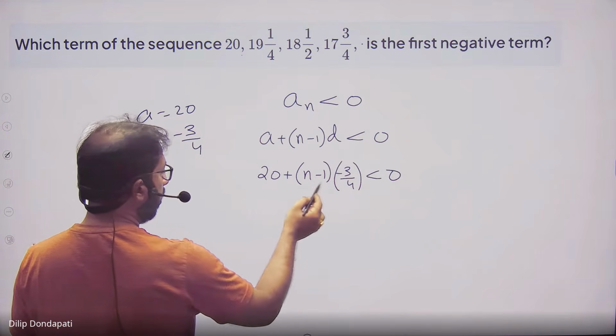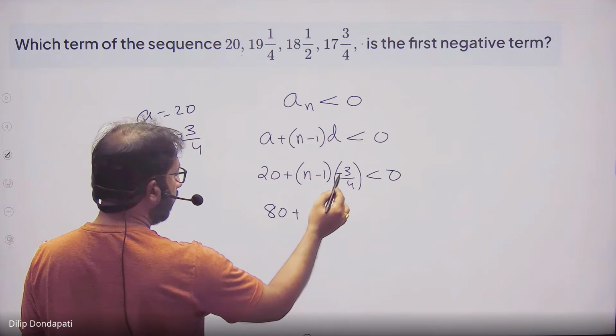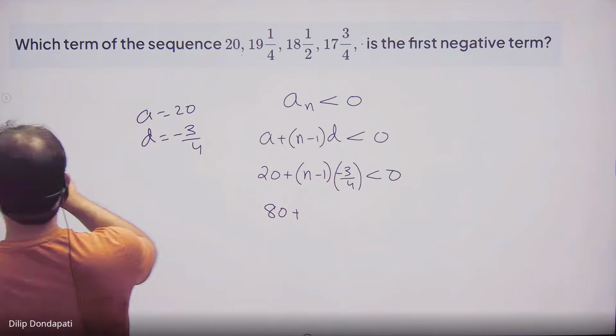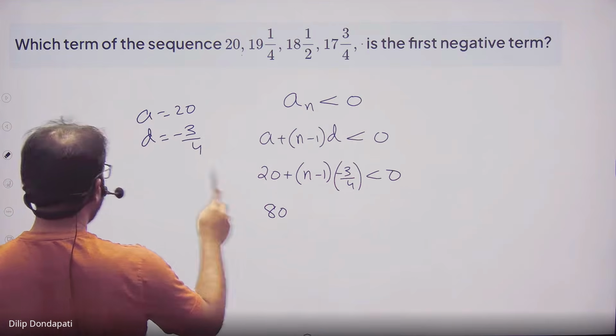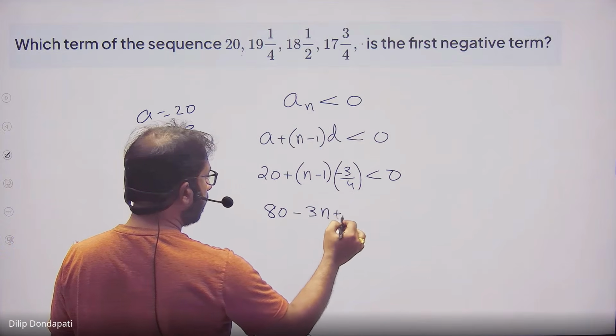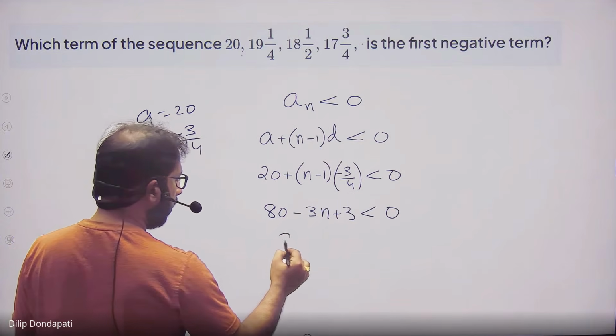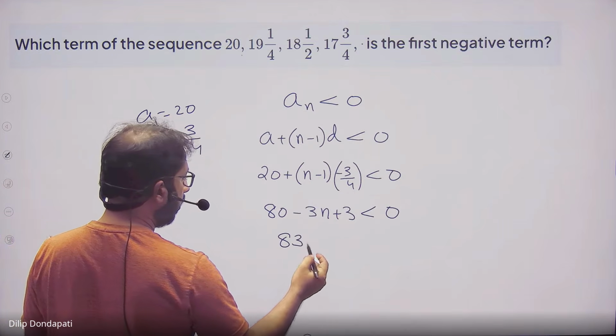Okay, LCM ले लो, 4 is LCM, right? 80 plus minus 3 into n is minus 3n, minus 3n plus 3 is less than 0. Okay, so 83 minus 3n less than 0.